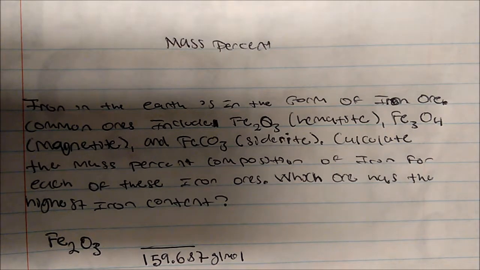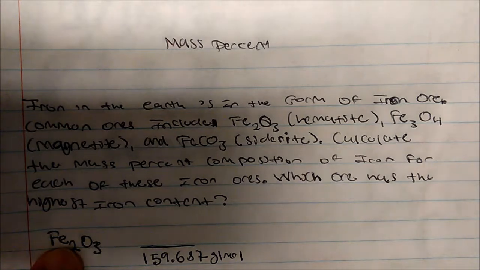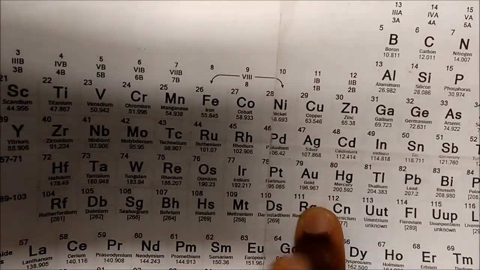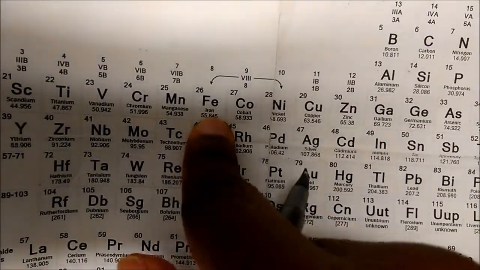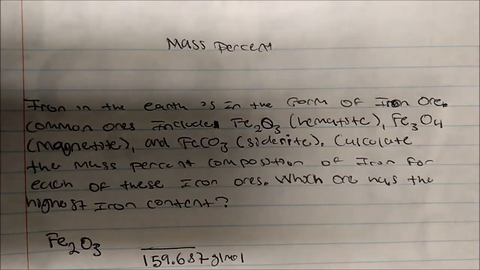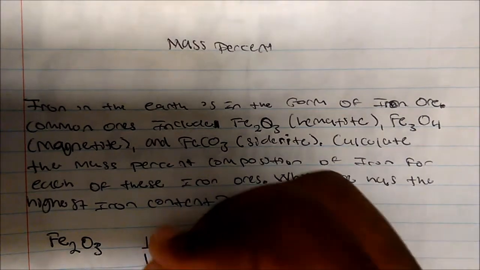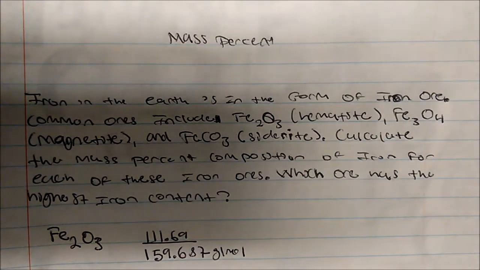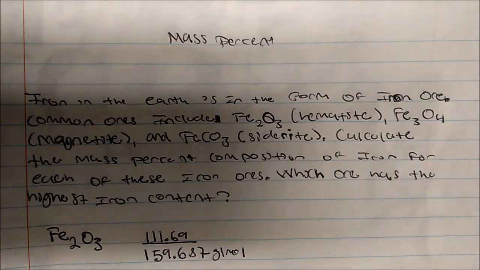Now, how much iron is in there? I see two iron atoms in this compound, so I'm going to simply multiply 2 times 55.845. When I do that, I should get approximately 111.69, because 55 plus 55 is 110, plus those decimals.